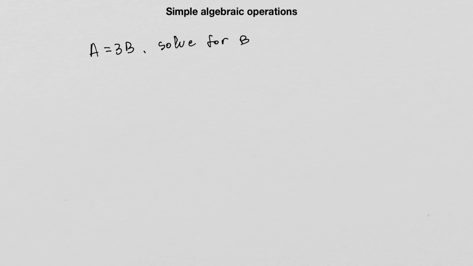And so when I do that, I get A divided by 3 is equal to 3 times B divided by 3. And so on the right-hand side, I have 3 in the numerator and denominator, so those will cancel out. And then what I'm left with is that B is equal to A divided by 3. And so this is my answer.